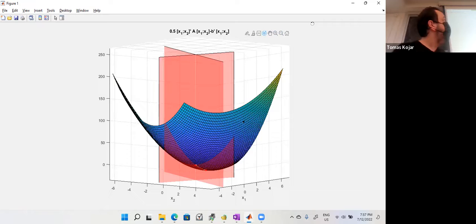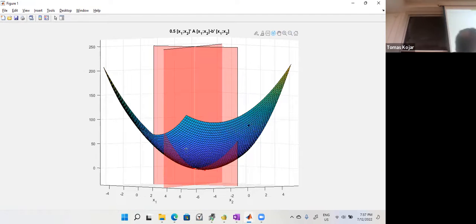I don't know if you can see this, but there's a hyperplane and all the method does is it follows along this slice. So the conjugate gradient finds the minimizer along this slice. That's why it's so quick, because this guy is symmetric. So he finds it right away.